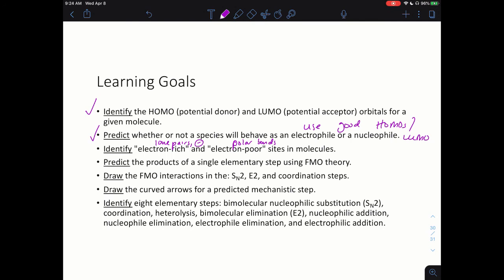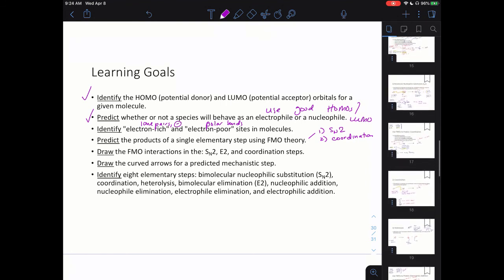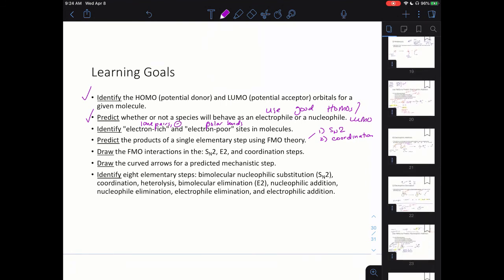Okay, can you predict products of single elementary steps using FMO theory? You can. The ones that I really showed you that you should definitely be able to do are the SN2, the coordination, and then, I don't have them memorized, unfortunately, not heterolysis, but for the fourth one, electrophilic addition, we predicted that one together.